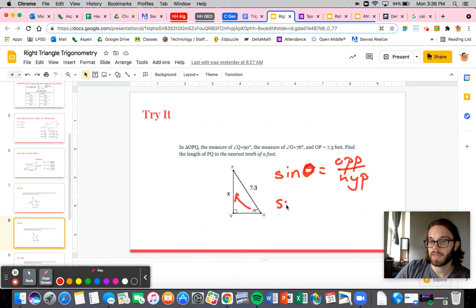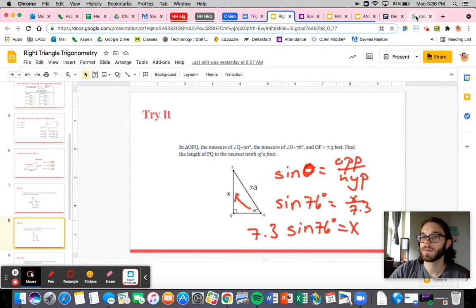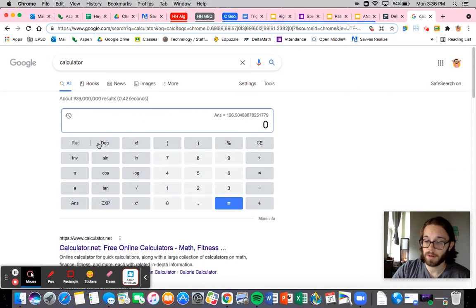So I have sine of 76 degrees is equal to x over 7.3. Multiply both sides by 7.3. I get 7.3 times sine of 76 degrees is equal to x. Again, I'm just going to plug that in. I still am in degree mode. Sine 76. There you have it. I had 7.1.